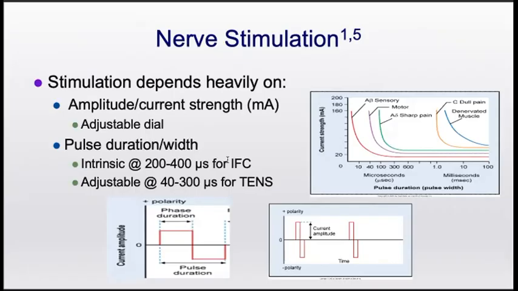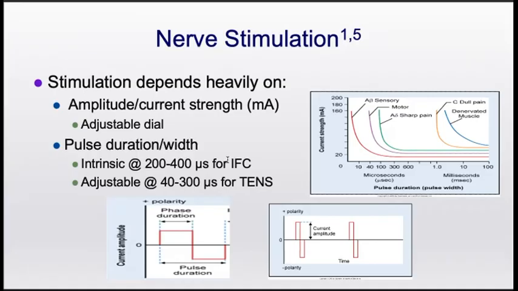The type of stimulation to a nerve is dependent on two primary variables. You've got the current strength or amplitude, which is typically adjustable on the machine. It's usually a dial that goes up or down. Sometimes it's just associated with a number from 0 to 50.